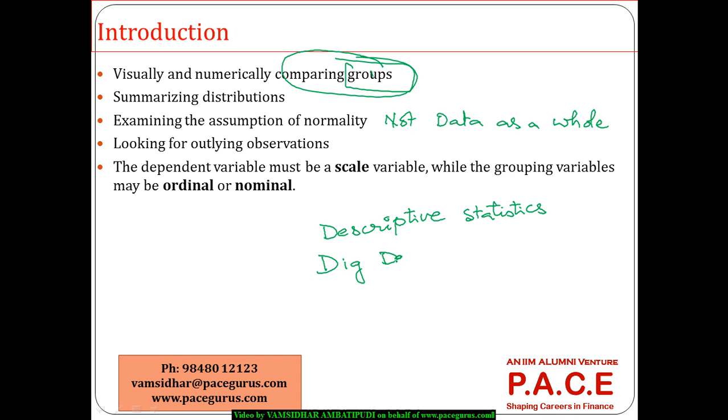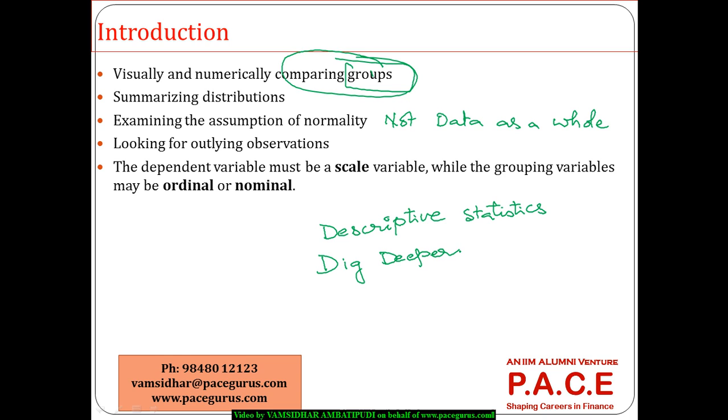What do we mean by dig deeper here? As a whole, my data may be normal, but if I create the data into groups, I'm not sure about the normality in the data. So how do I ensure that normality is present even at a subgroup level?